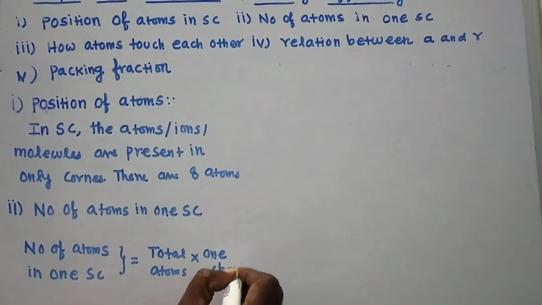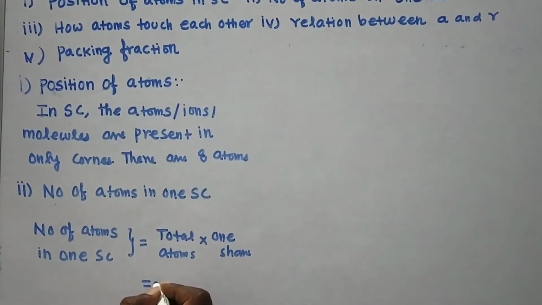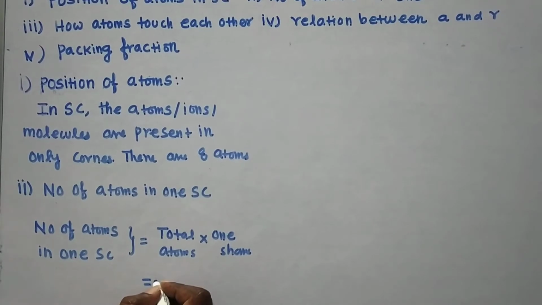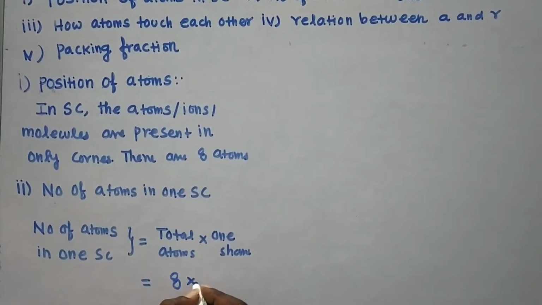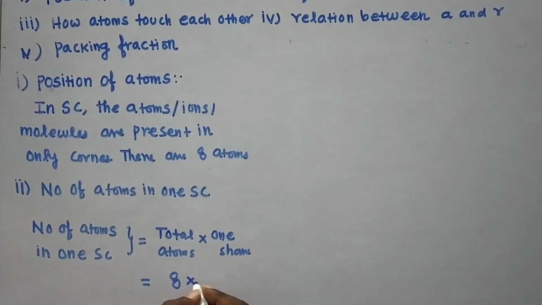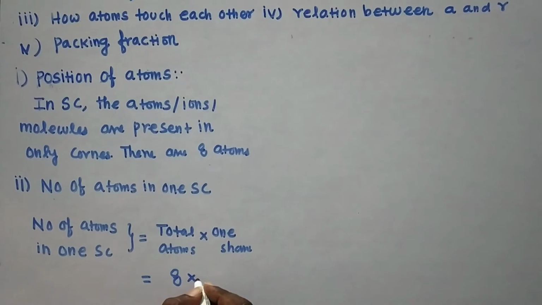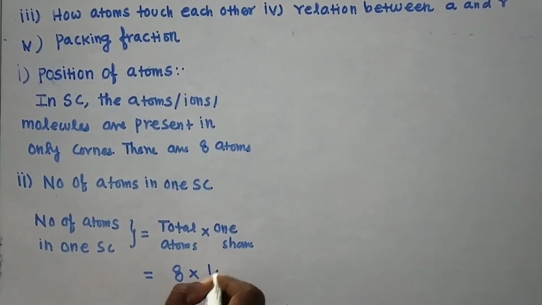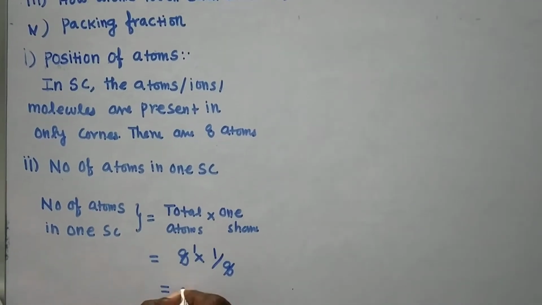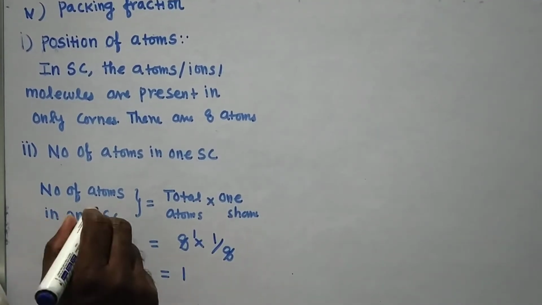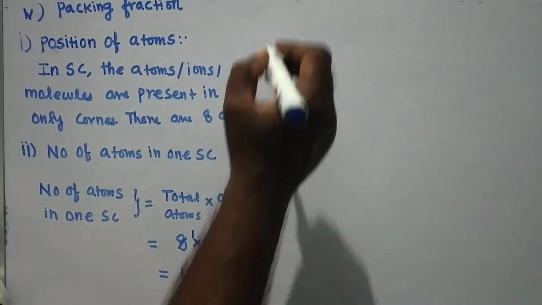Okay, it's well known that in simple cubic the atoms are present at the corners only. Therefore, there are totally 8 atoms, and one share in the corner. One atom is equally shared between 8 atoms. Therefore, each share is equal to 1 by 8. 8 into 1 by 8, that is equal to 1.